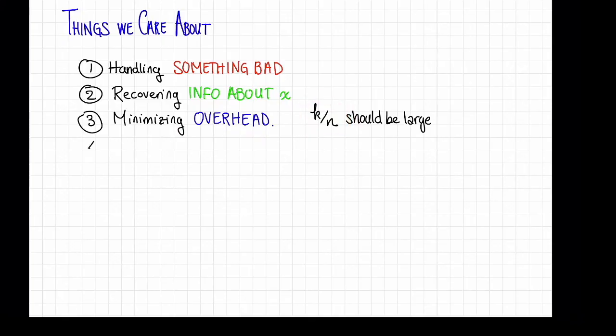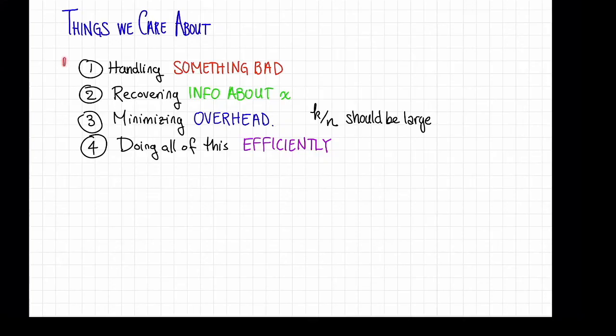The fourth thing we care about is doing all of this efficiently. For example, maybe we want the encoding map, which takes x to c, or the decoding map, which takes ctwiddle to x, to be able to run efficiently, or something like that.